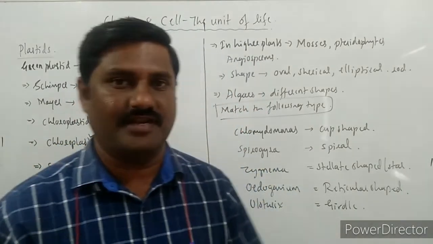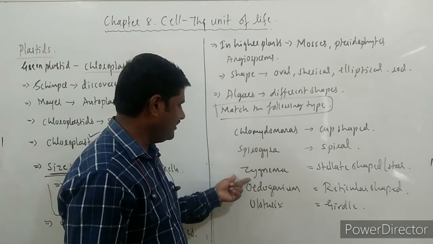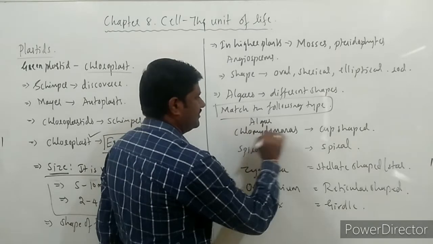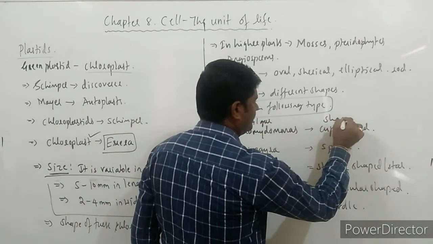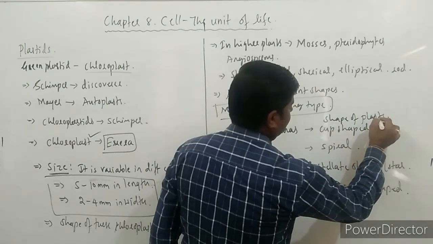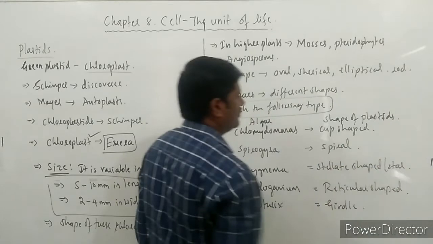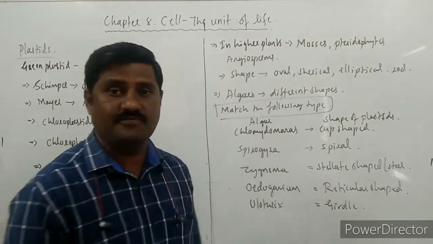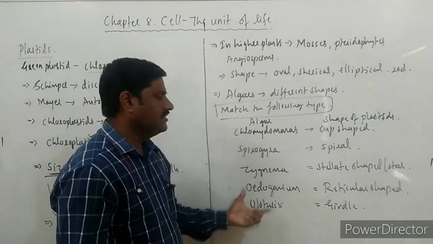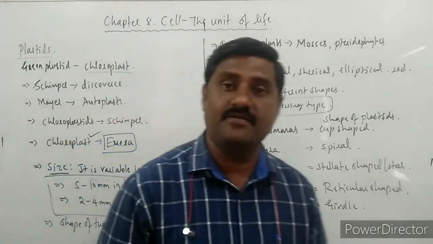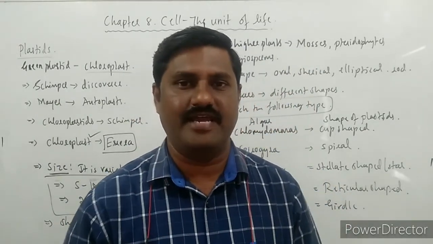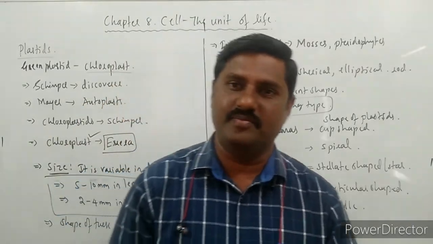See here, these are the names of different types of algae and these are the shapes of their chloroplasts. So that's why a match the following type of question is fixed here. The shape of this chloroplast is different in different plant cells, right? So this is the fact you should remember.